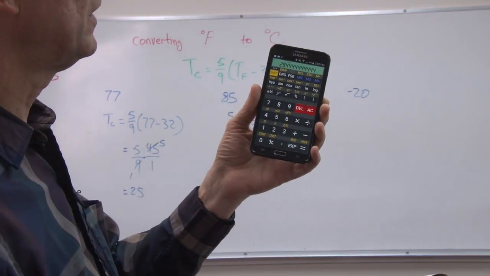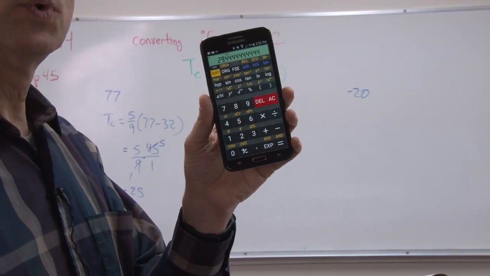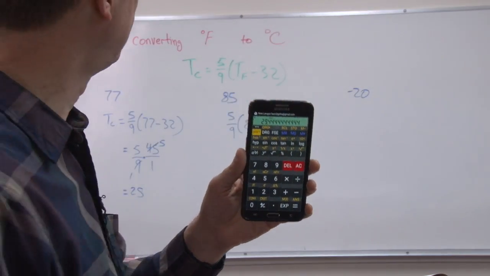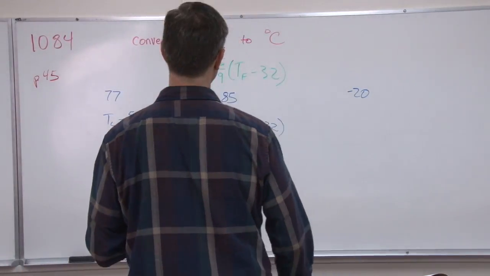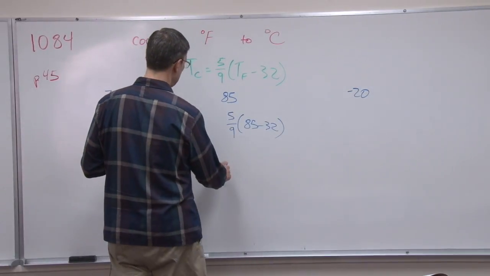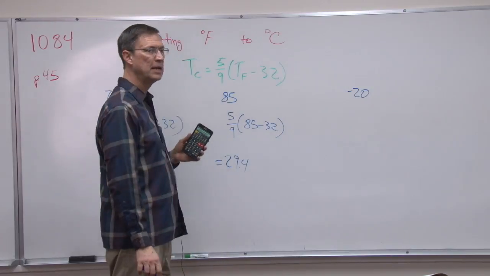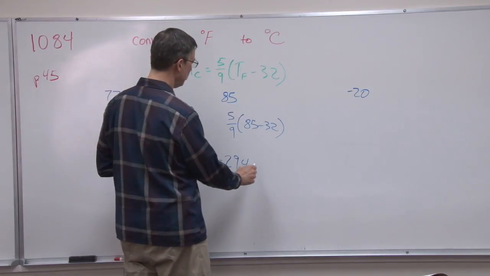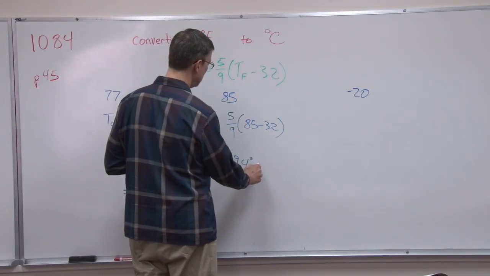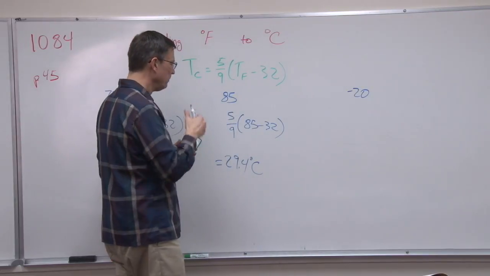So 265 divided by 9 is 29.4, and the 4 just keeps repeating. And so I looked in the score key and I see that what they did is rounded the answer to 1 decimal place. And that was in degrees Celsius.